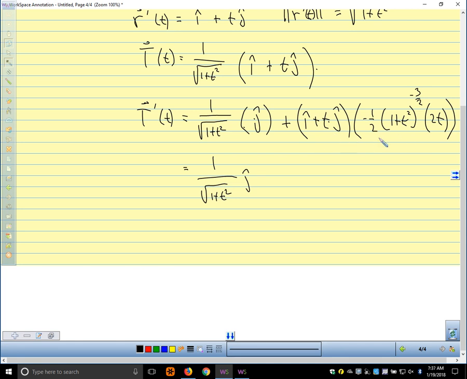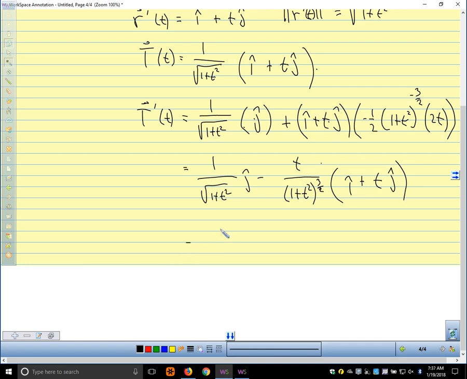And when I simplify this, I get a minus t over 1 plus t squared to the 3/2 times i hat plus t j hat. Now I'm going to add those together.